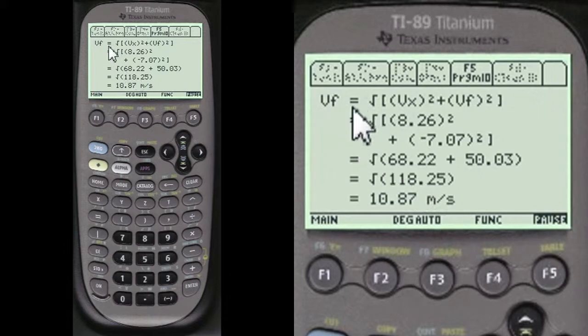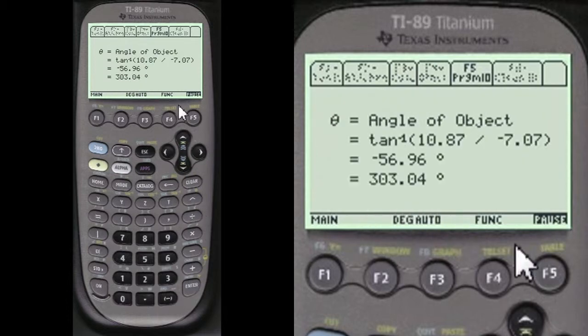And so Vf is equal to the final velocity as it hits the building, 10.87 meters per second. And the angle is the inverse tangent, which equals minus 56, or really 303.04 degrees. Keep in mind, these are always right triangles. For instance, the tangent is rise over run, the y over the x, in a right triangle.